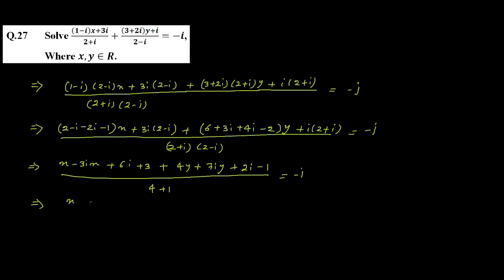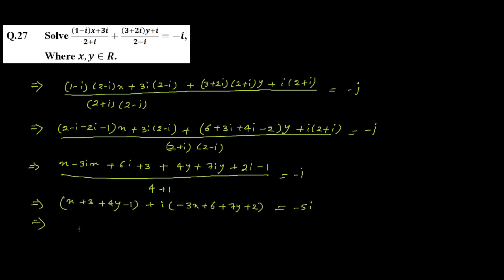So this is x, and we have plus 3, and we have plus 4y, and we have minus 1, the real part. And if I'm taking the imaginary part, I have to take it common. This is minus 3x plus 6 plus 7y plus 2 is equal to, in the denominator we have 5. So if you multiply, this is minus 5 iota.